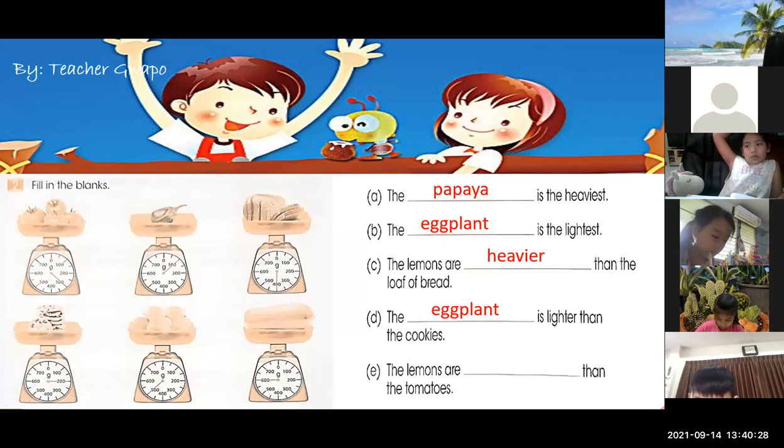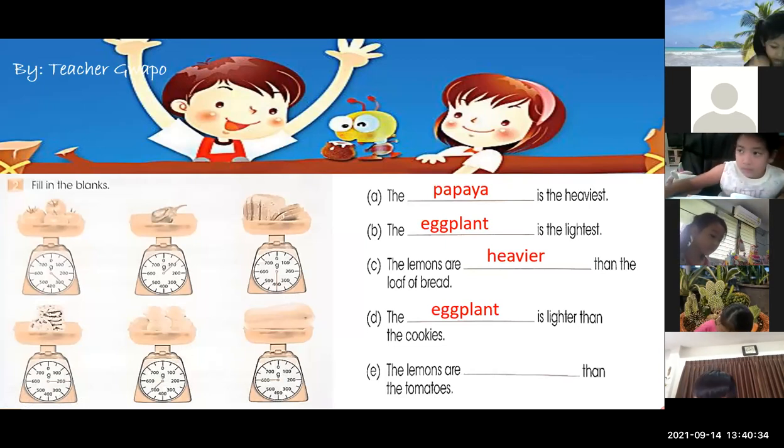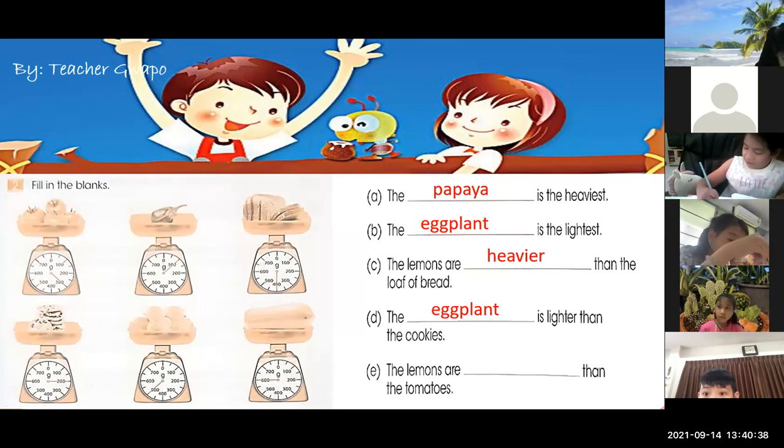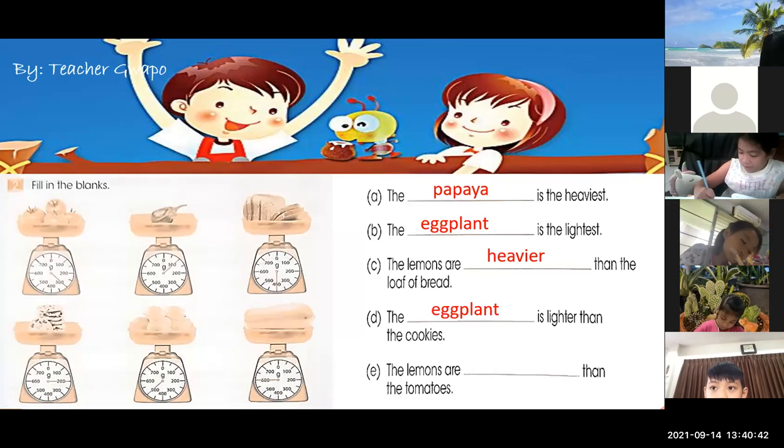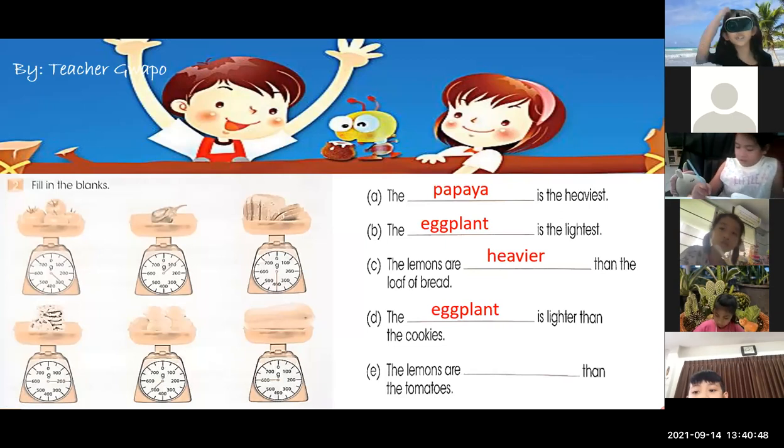Okay, and letter E, the last letter. Who can tell me the answer? Letter E. Lemon is blank than tomato. What's your answer? Heavier, teacher.